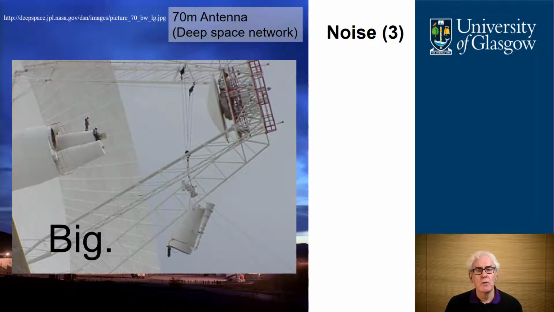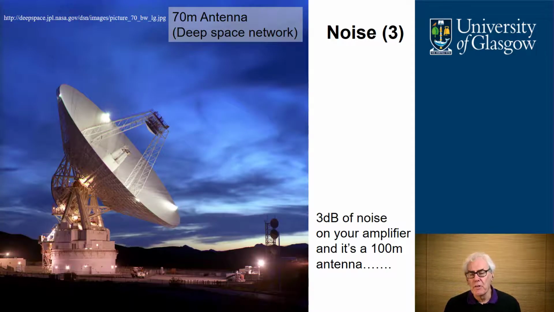These antennae are huge, and this is an example of a man standing at the center of the antenna, and you can just see how large it is. And the important thing to realize is that if you have an amplifier connected to that antenna with 3 dB of noise, your 70-meter antenna has now had to increase to 100 meters just to recover the noise of your amplifier. So good amplifier design is critical to noise performance.